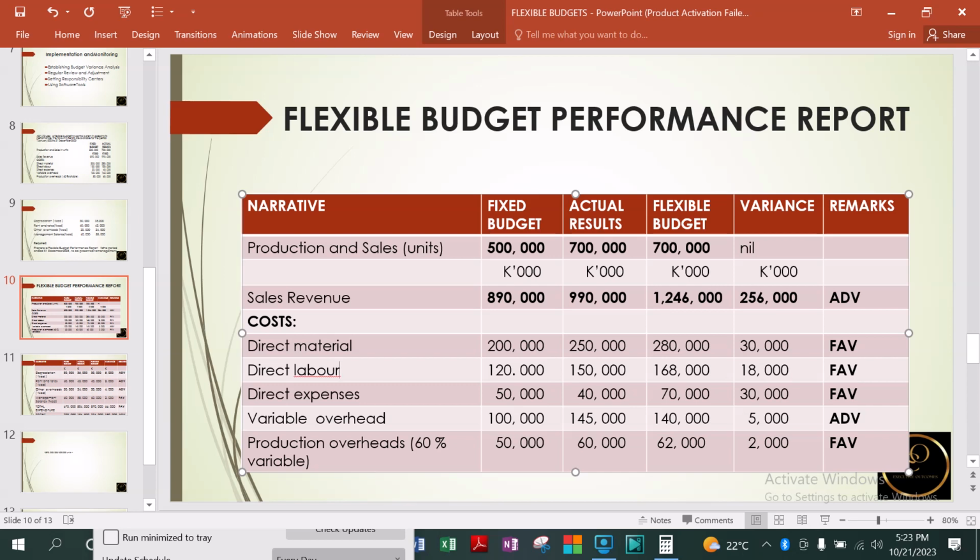You get the direct expense per unit, then multiplied by 700,000, you are going to get 70,000 kwacha. Variable overhead, the same will be done. You get 100 million divided by 500,000. You get the variable cost per unit, then multiply by 700,000 units to get 140 million Zambian kwacha. Okay, so that's what you do.